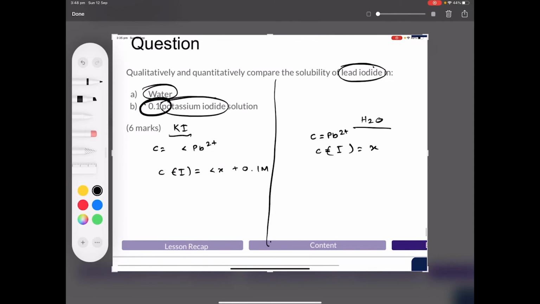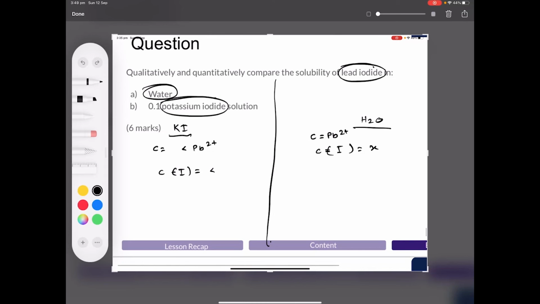So you're not going to be able to show that the iodide concentration has decreased. In fact, it'll look like it's increased because of this common ion amount here. So always remember, you're trying to prove the other ion has decreased, not the ion that's actually common among the two solutions.